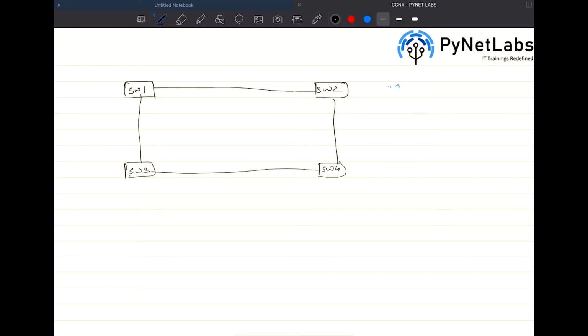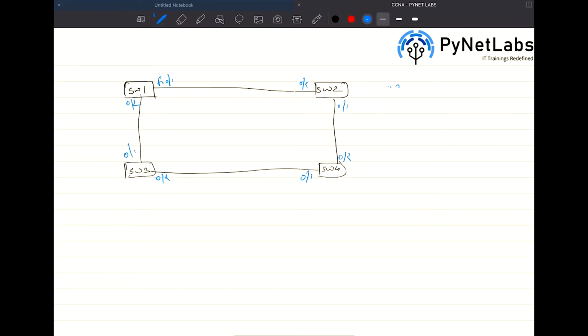And the interfaces are FA 0/1, 0/2, 0/1, 0/1, 0/2, 0/1, 0/2, like that.